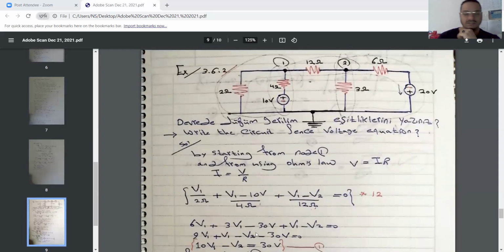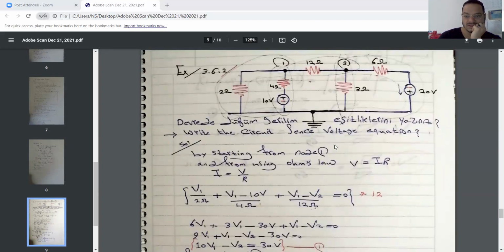The last one here: I put these numbers, the author didn't give them to us, to make the solution easier. Or we can say loop 1, loop 2, loop 3, as you want.